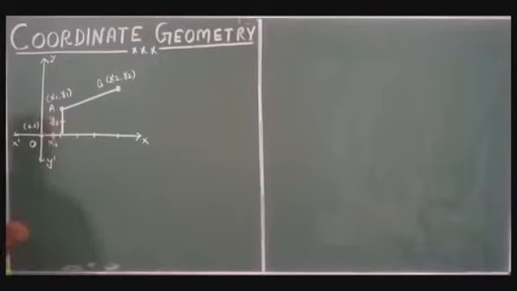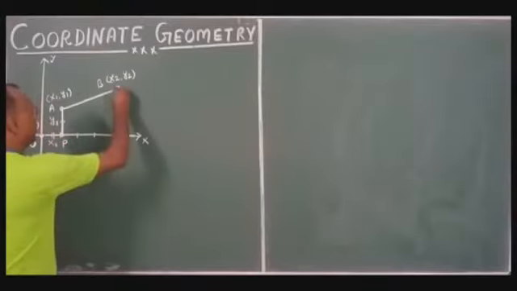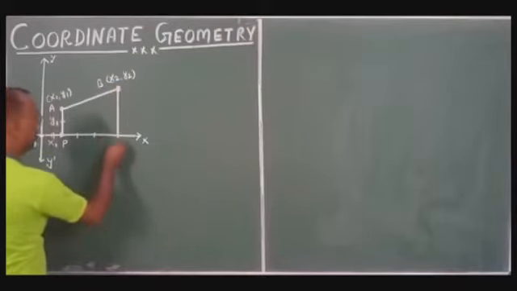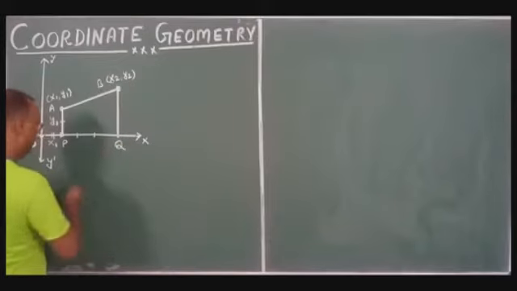Then its coordinate will be what? x1, y1. Suppose this is point P. And what about here? Just look here. Suppose this is point Q.